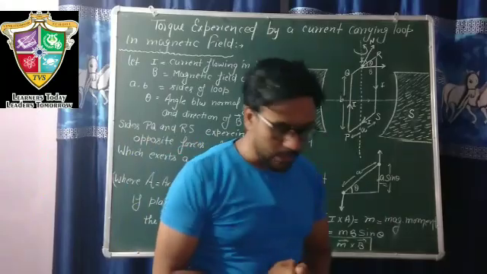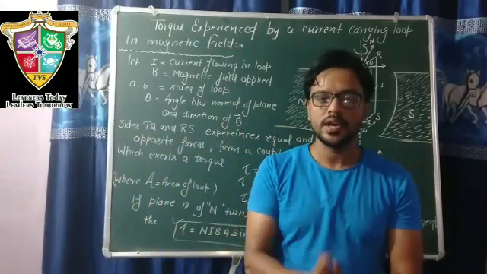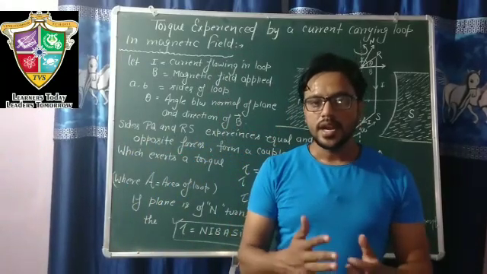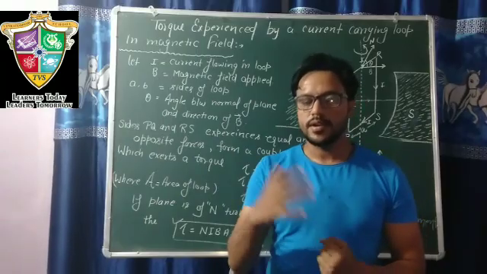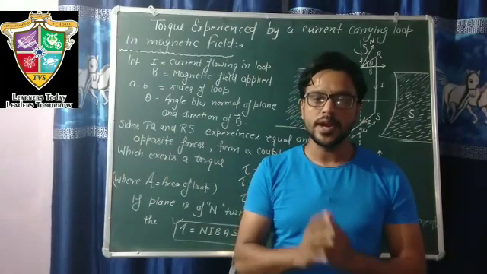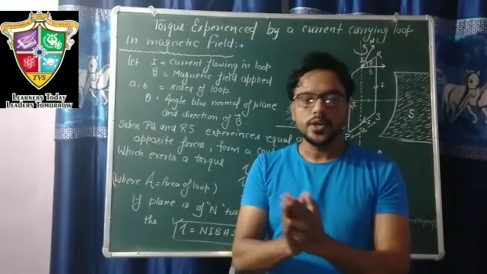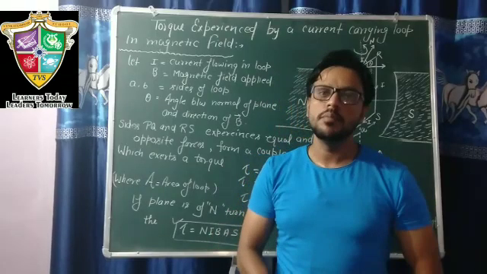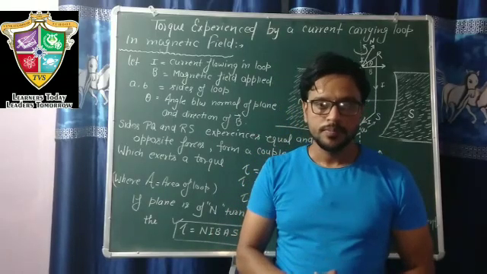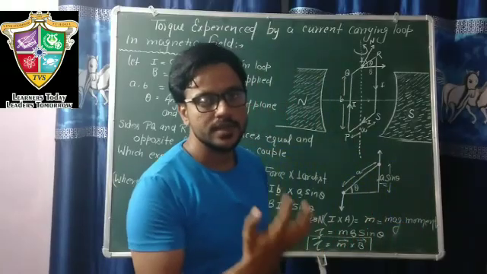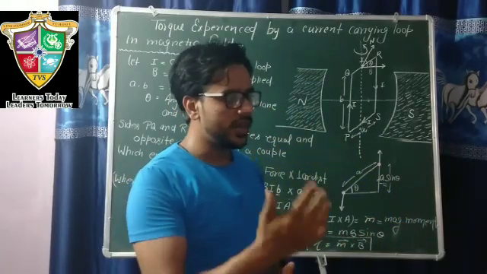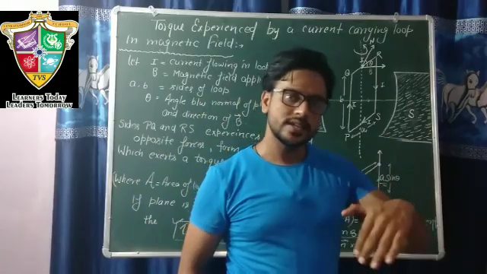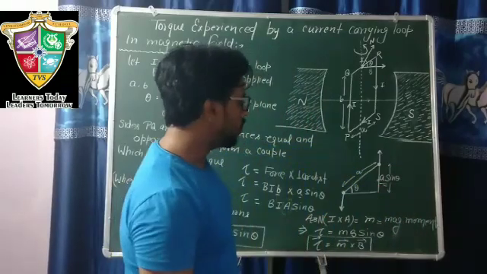And one more thing you have to keep in mind: if a current carrying loop is there, I is the current flowing and A is the area of the loop, then current into area is the magnetic moment of the loop, because that loop acts as a magnetic dipole whose one face acts as the north pole and the other face acts as the south pole.